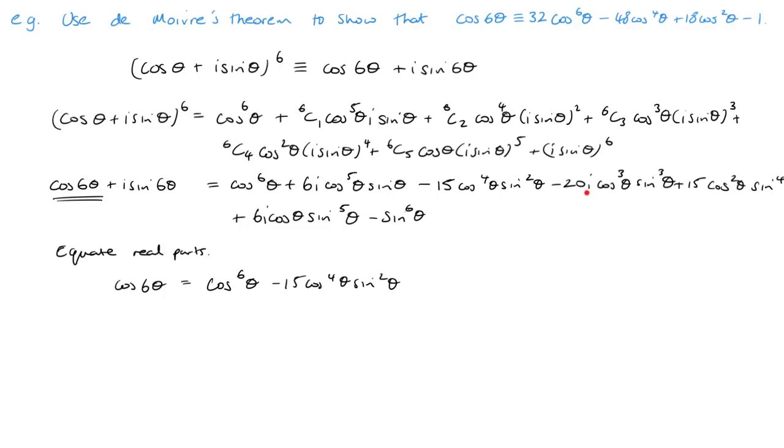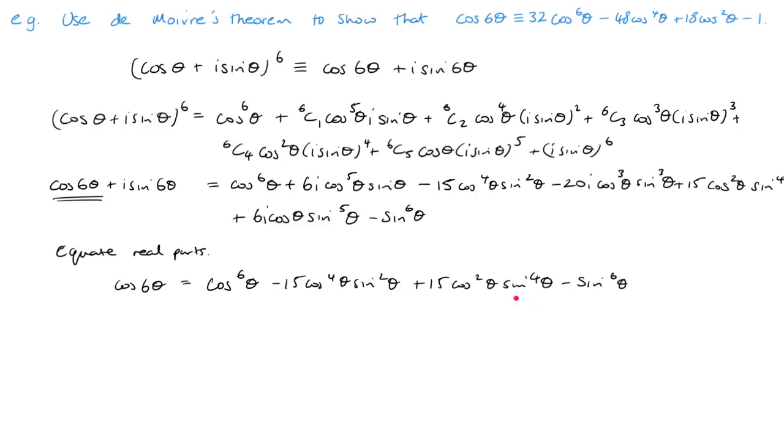We don't want this one because it's got an i in it, so we want this one, plus 15 cos^2 theta sin^4 theta. We don't want our next one, and we want the final one, sin^6 theta.